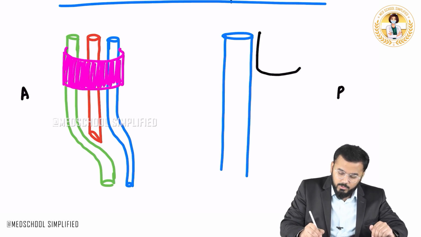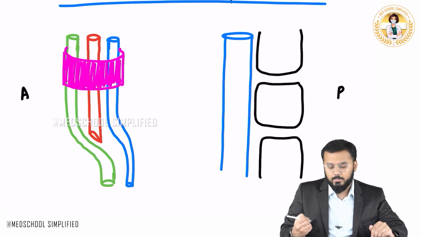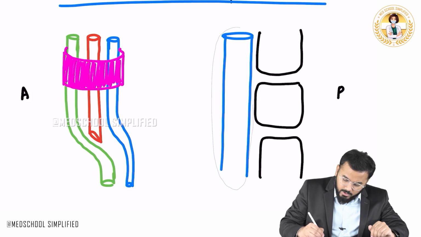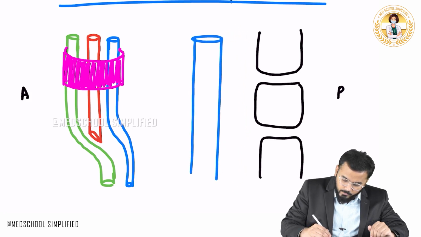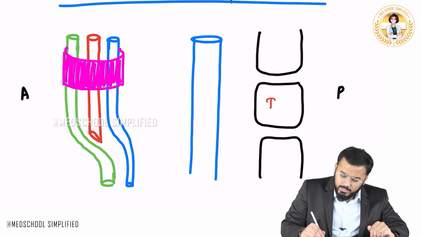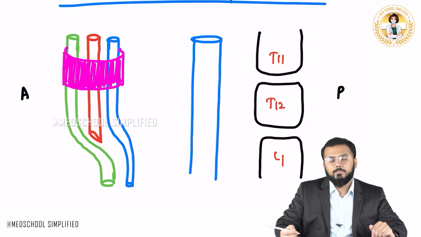Let us say this is one vertebra, this is another, and this is another. We shall move this inferior vena cava a little bit to the front. All of you should know that this one is T12, this is L1, and this is T11.